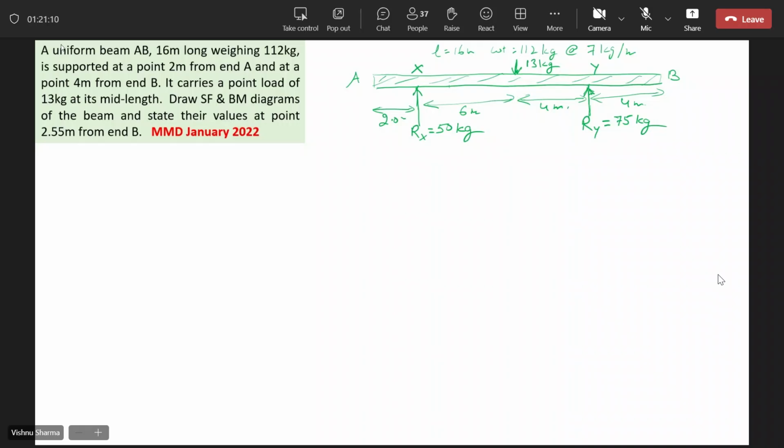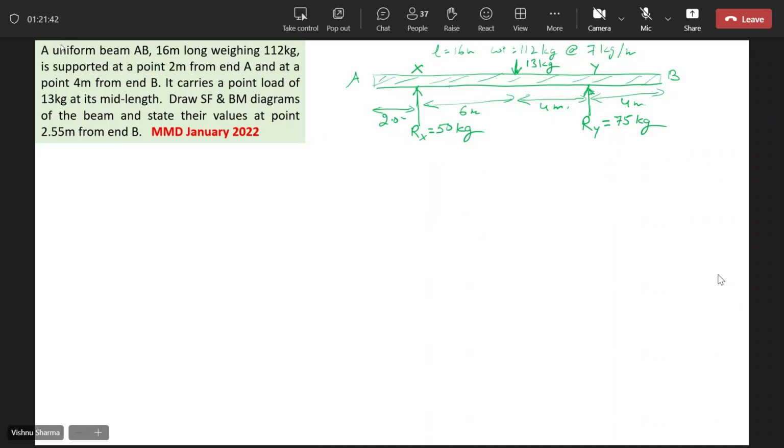Yes, Samuel, how much? On the right support, how much? 75. Left support now, mind you, if you named it differently, that's fine. How much is the left support, Samuel? 50, sir. Okay.